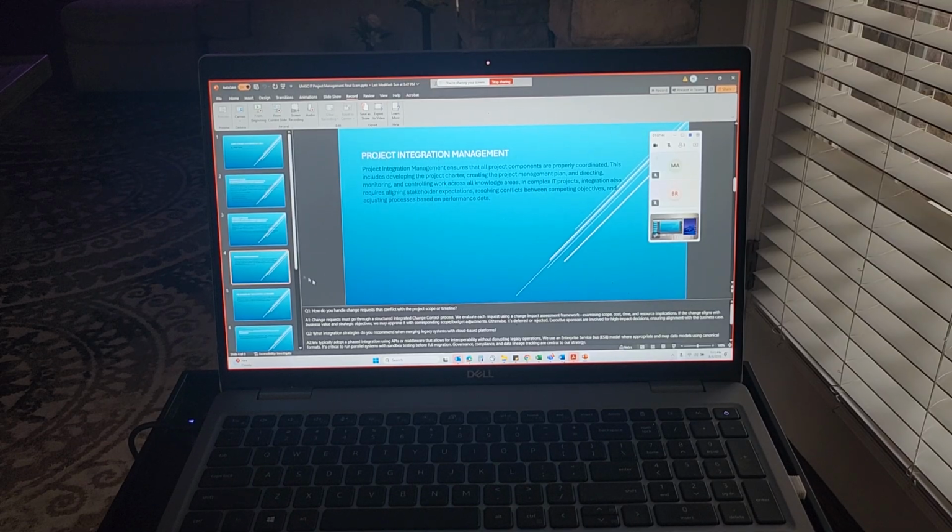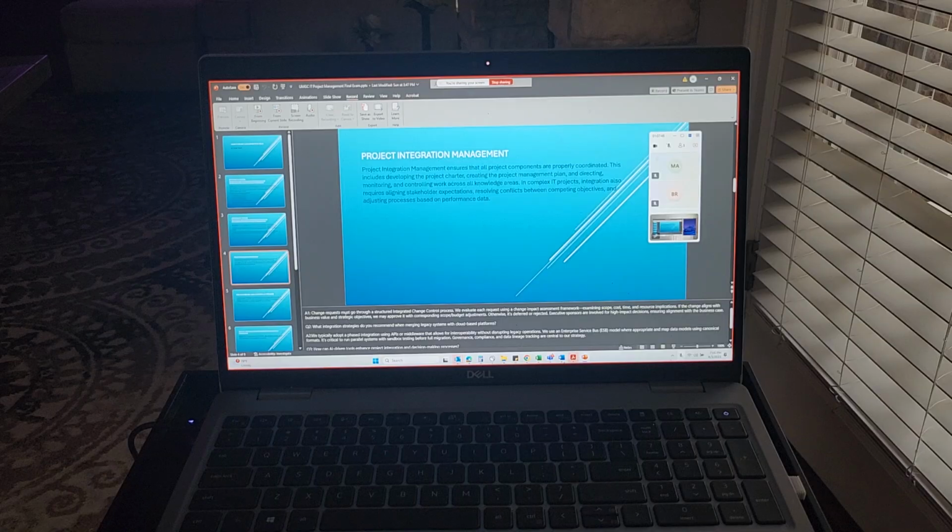Great question. So when merging legacy systems with cloud-based platforms, we typically adopt a phased approach using APIs or middleware that allows interoperability without disrupting the legacy operations.